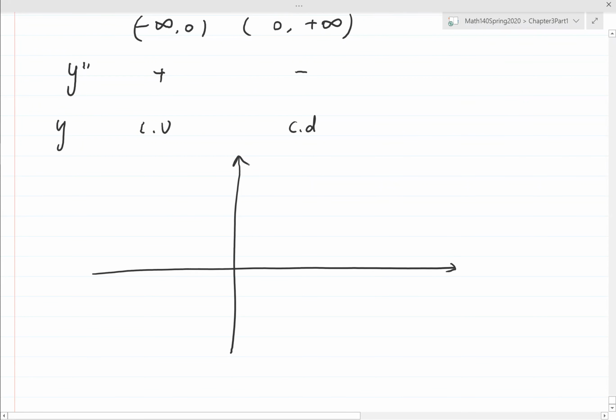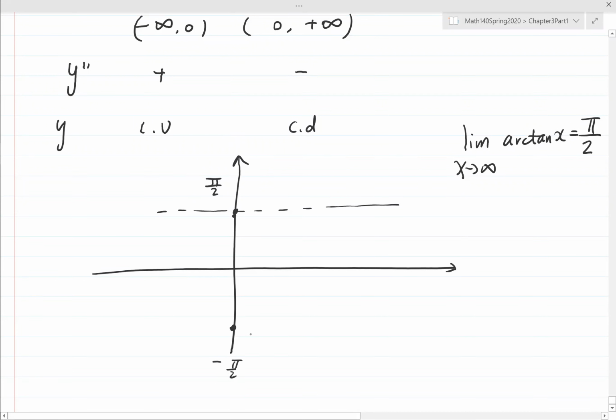So if you plot this graph, remember we have horizontal asymptotes. The limit as x approaches infinity of arctan x is pi over 2. This point is pi over 2, and this point is negative pi over 2.